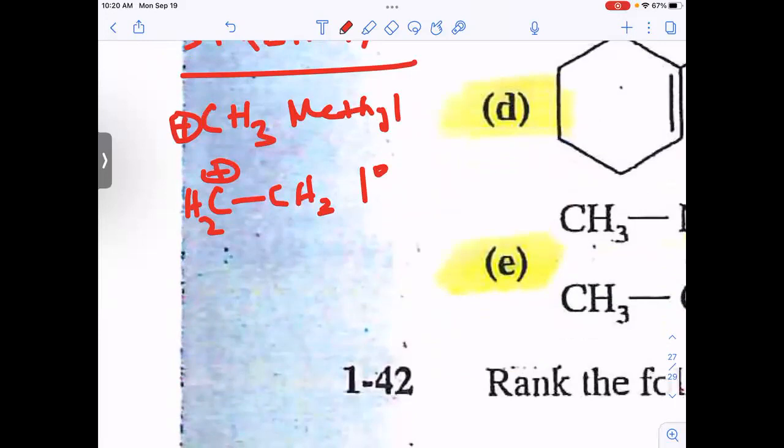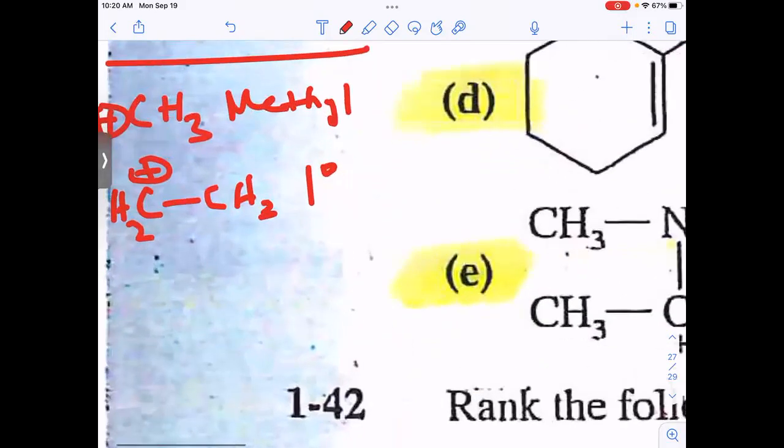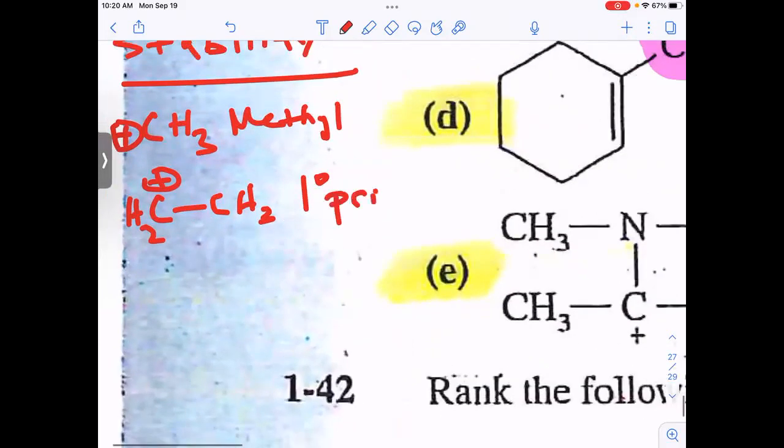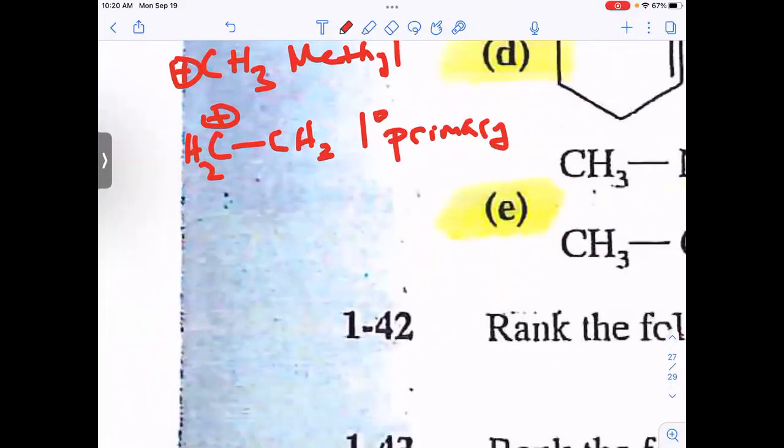Primary, you'll see indicated with a 1 degree. So 1 degree, whenever you see that in relation to a carbon, that means it's a primary carbon. All right, so that's primary, and then we can have secondary.